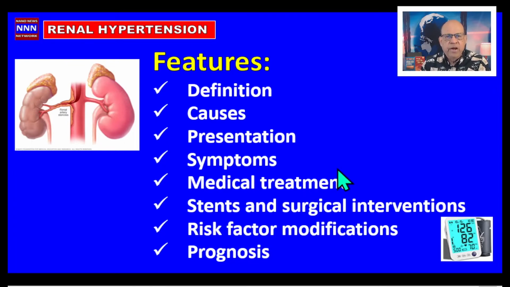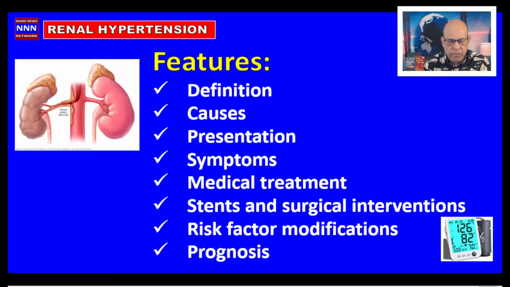What is renal hypertension? Renal hypertension is something where a person has hypertension due to some cause related to the kidneys. It may be related to the atherosclerotic plaque in the renal artery reducing the blood supply to the kidney. It may be related to parenchymal disease in the kidney tissue itself.